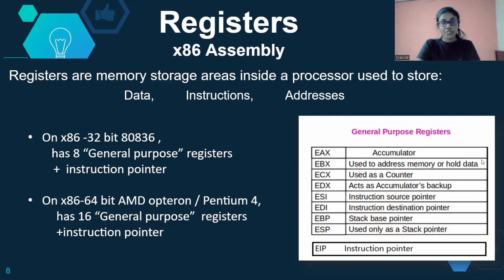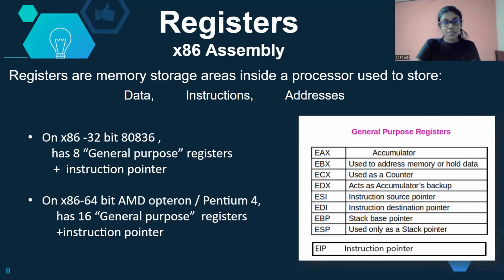AMD did their 64-bit extension in the Opteron and Intel in the Pentium 4. 64-bit is the extension version of the 32-bit. There are also 128, 256, and 512-bit registers.